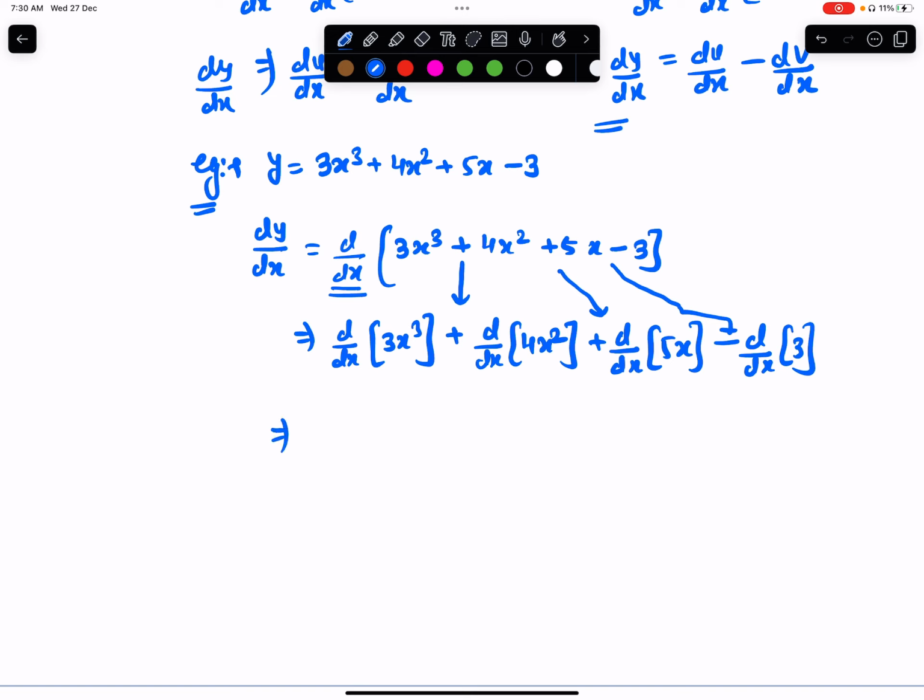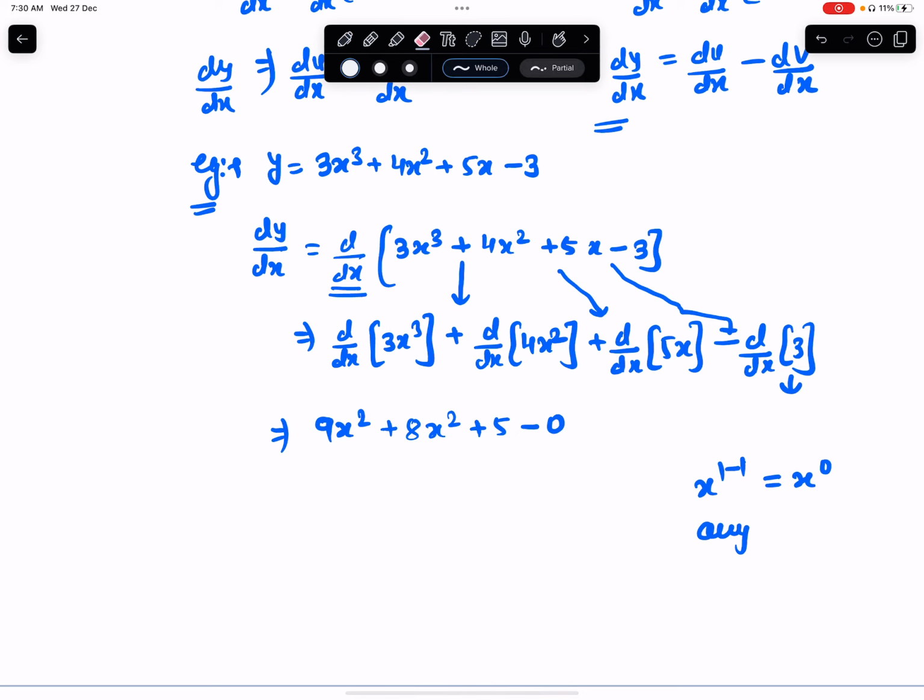So the derivative of 3x cube is 9x square, plus 8x, plus 5, minus 0. How do we get 0? Because the derivative of a constant number is 0. How do we get 5 from 5x? Because the power of x is 1. If we differentiate x raised to the power 1, we get x raised to the power 1 minus 1, which is x raised to the power 0, and any number raised to the power 0 is always 1.